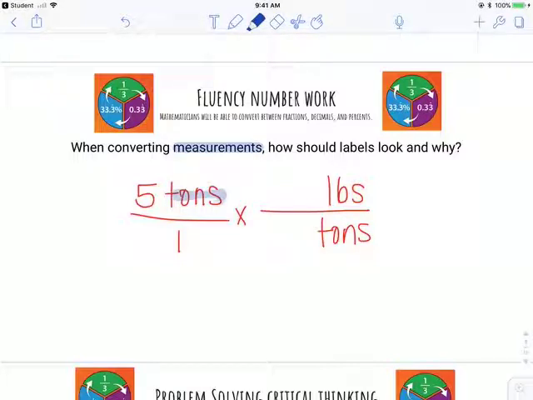That way we could simplify our labels down to pounds only because that's the conversion I would want. So the answer to this question is how should my labels look and why? My labels should be in the numerator and denominator and opposites so that I can cancel my labels out.